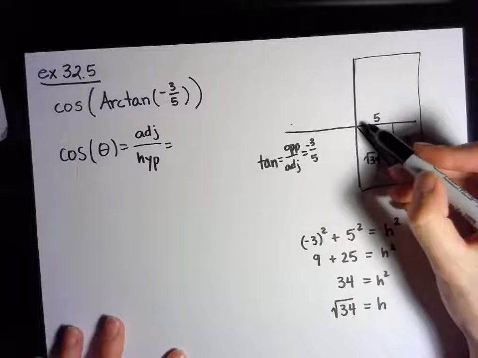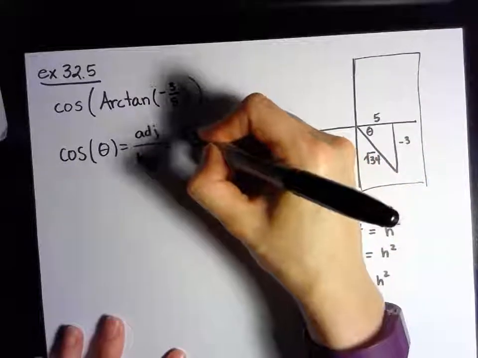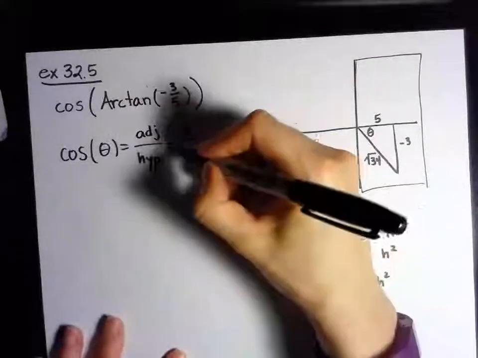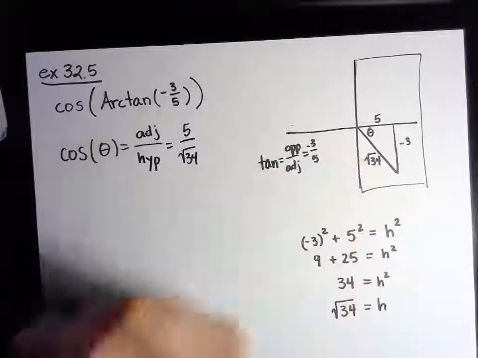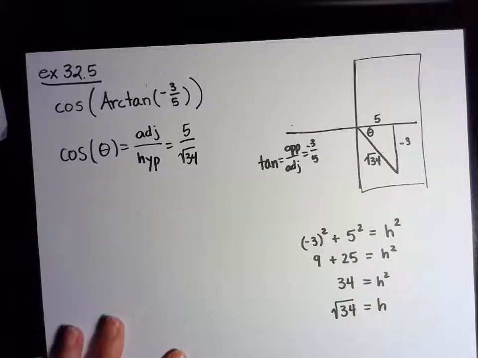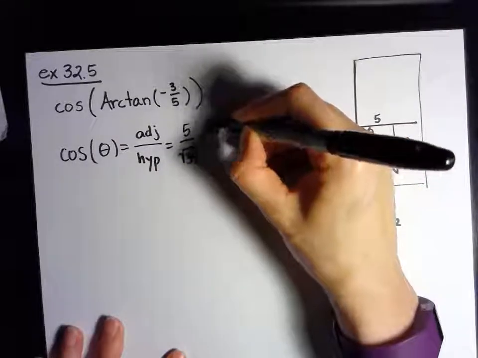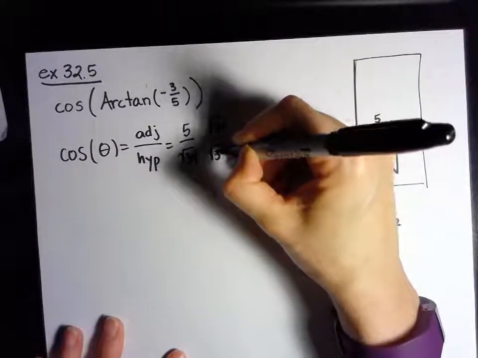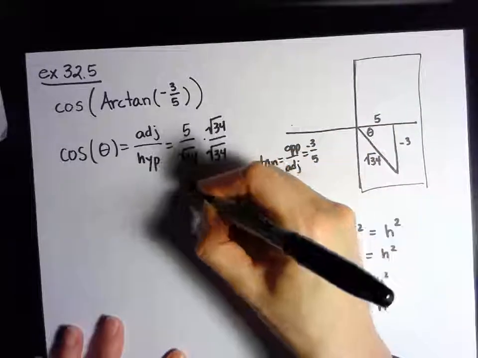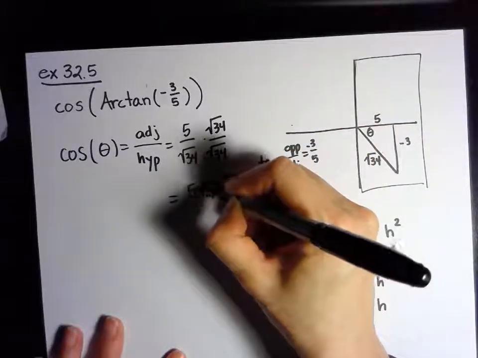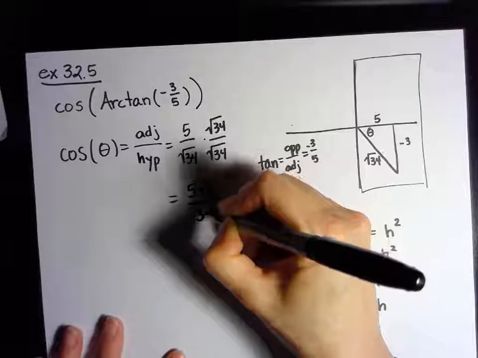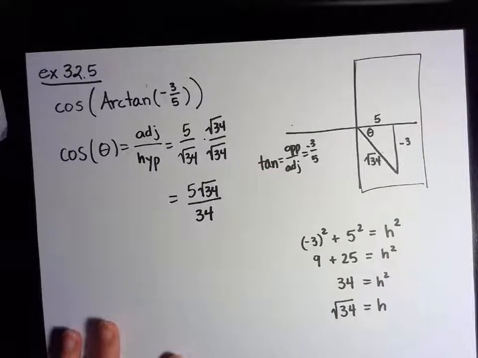The adjacent is 5. The hypotenuse was the square root of 34. And we, of course, can't leave that in that form, so we would get 5 times the square root of 34 over 34 for our final answer.